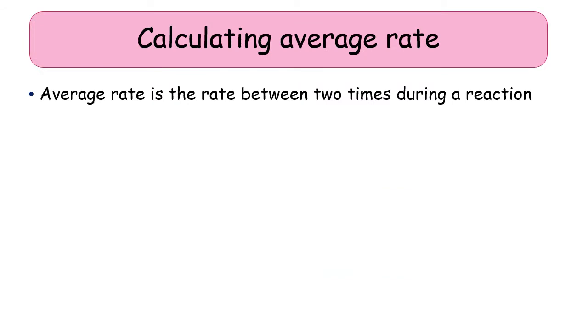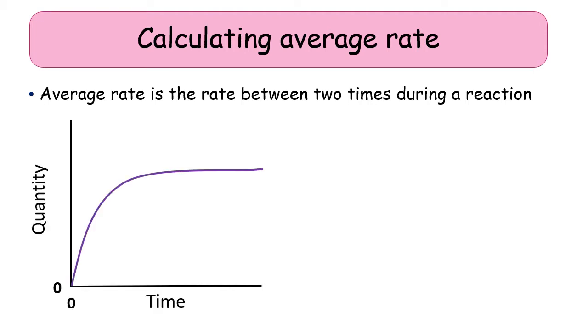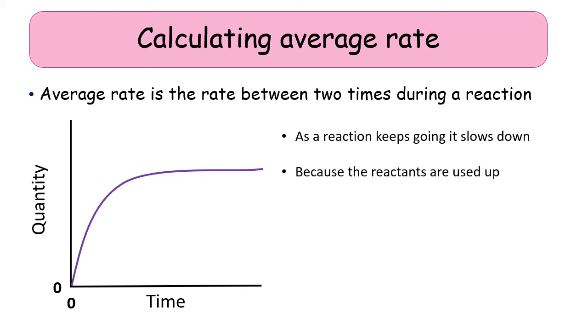Now, what do you do with the information that you've collected in your table or in your graph? Well, at Nat 5, what you would do is calculate the average rate. And the average rate is the rate of reaction between two times. As the reaction keeps going, it slows down because the reactants are used up.